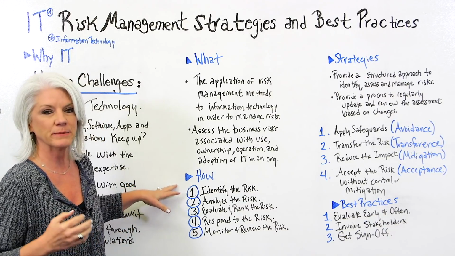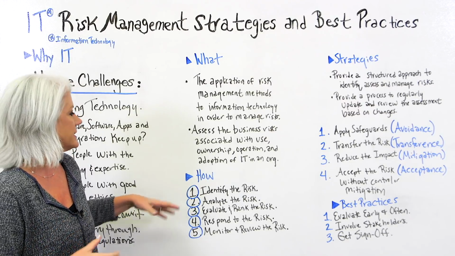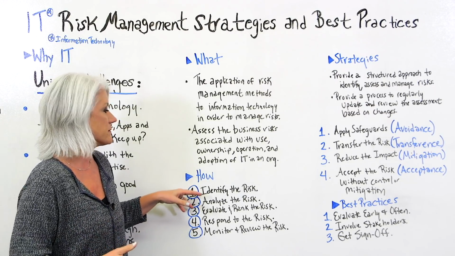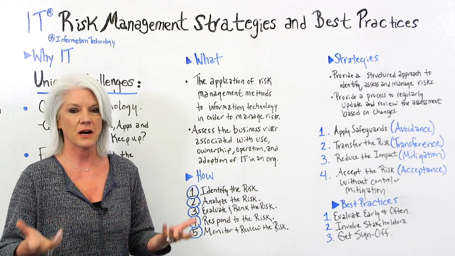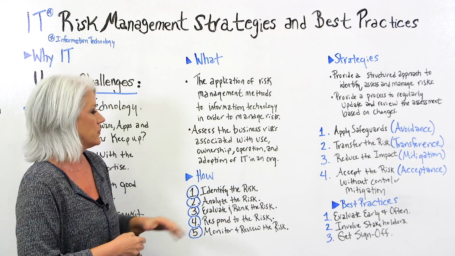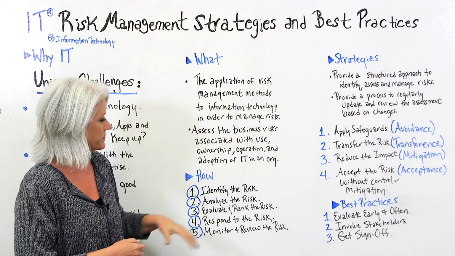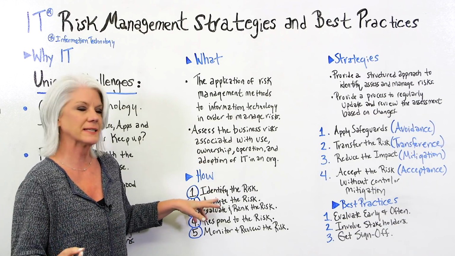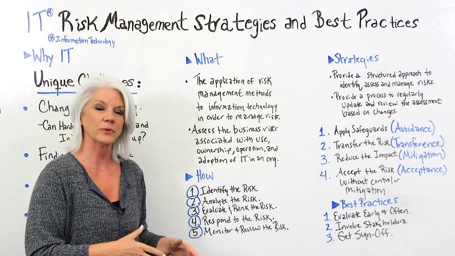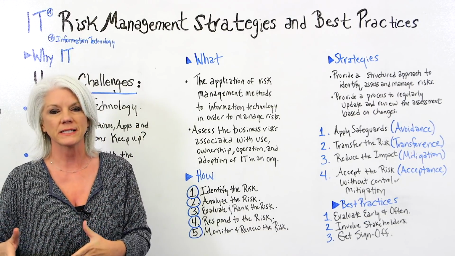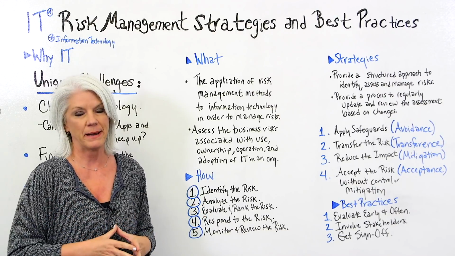So here are a few steps that are common to IT risk management. First of all, we need to identify the risk that are carried through with the use of our IT. So we identify the risk, then we analyze the risk. Is this a big risk? Is it a little risk? It could be a small risk, but have a huge negative impact.